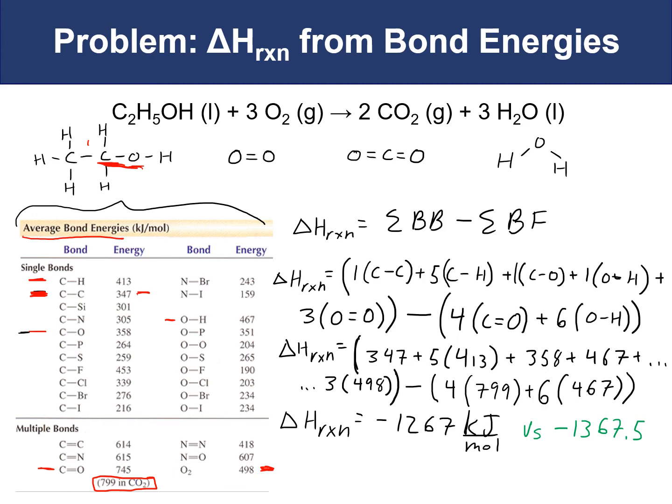The other problem is, as we had seen with our water, there was a difference between a gas phase and a liquid phase, and that had to do with the intermolecular forces holding it together. This particular system where we're looking at the bond energies does not account for intermolecular forces. So it works best when all of your components are in the gas phase, so that you're not having very strong intermolecular interactions.